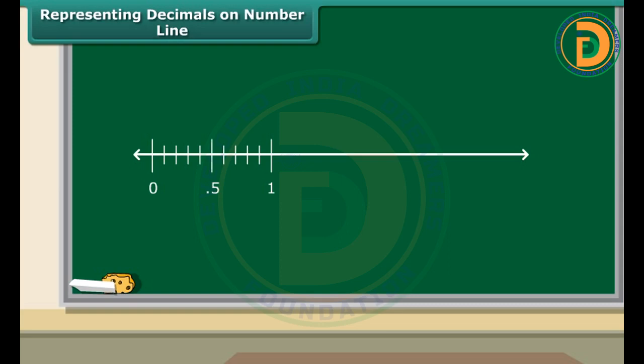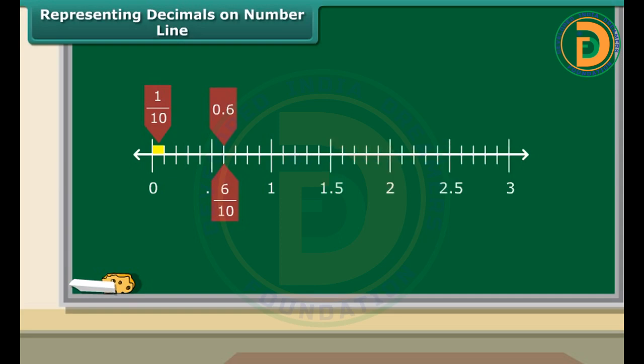Each part is called 1/10. We know that 0.6 is more than 0 and less than 1, and there are 6 1/10ths in it. So count 6 parts from 0 and mark it. Similarly, we can represent 2.7 by counting 2 ones and 7 1/10ths.